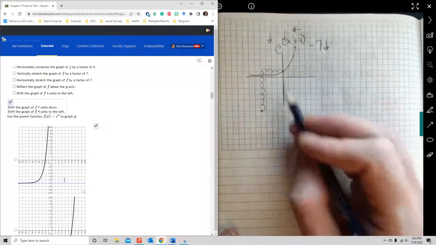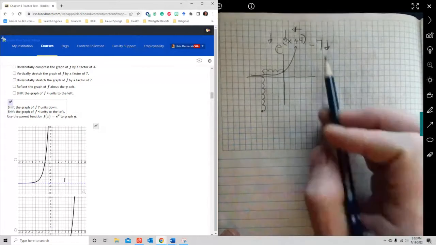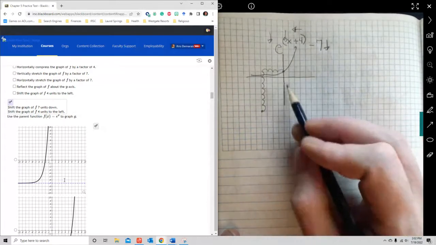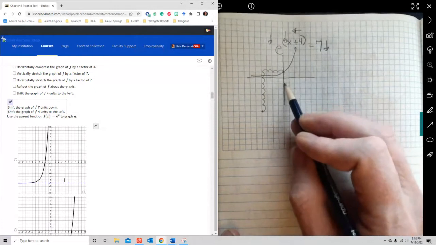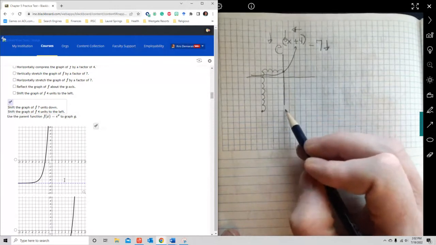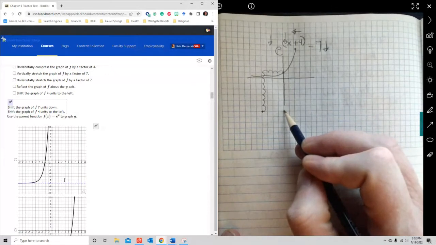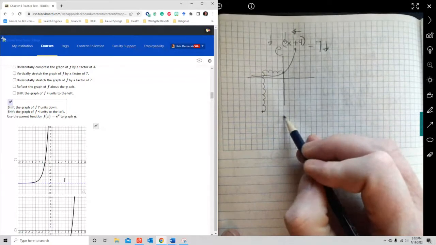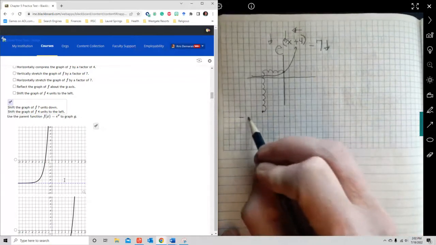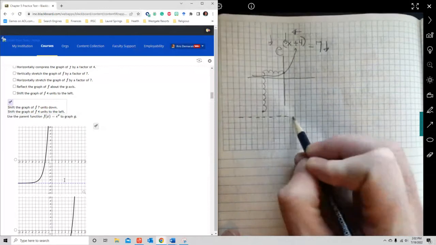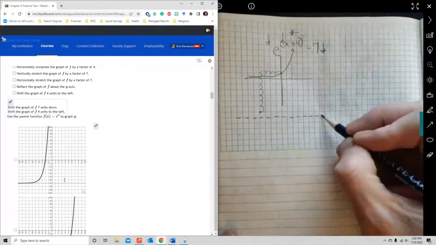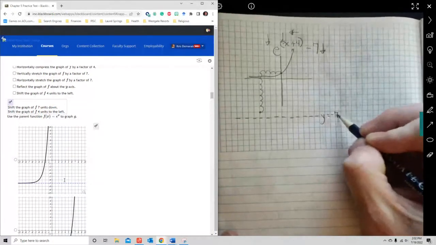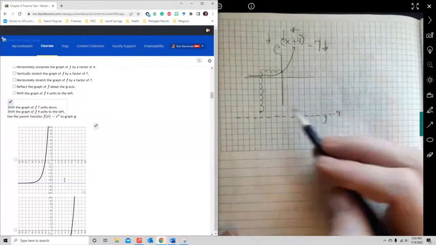So that makes our new horizontal asymptote, because this does have a horizontal asymptote. 1, 2, 3, 4, 5, 6, 7. Hold on, not that point, but this horizontal asymptote moves down to here. Okay, excuse me. So now we have our horizontal asymptote here, where we have y equals -7. Okay, so we have that.